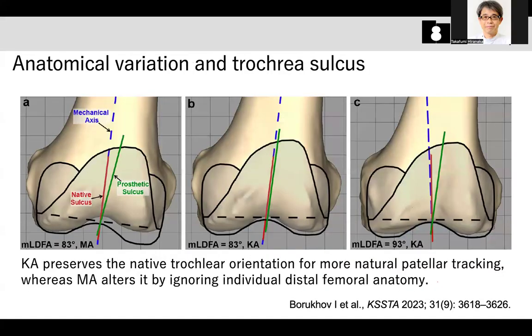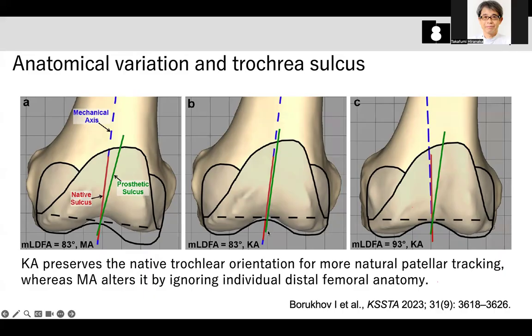Further, this paper considers the variation of the femoral anatomy. This is a femur that has 83 degrees of femoral bone, slightly more bulbous than the normal one.